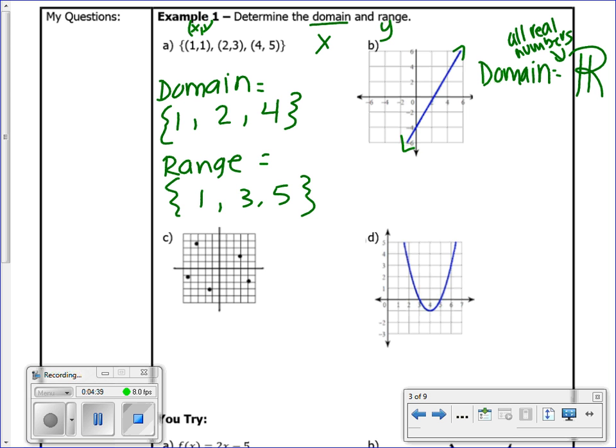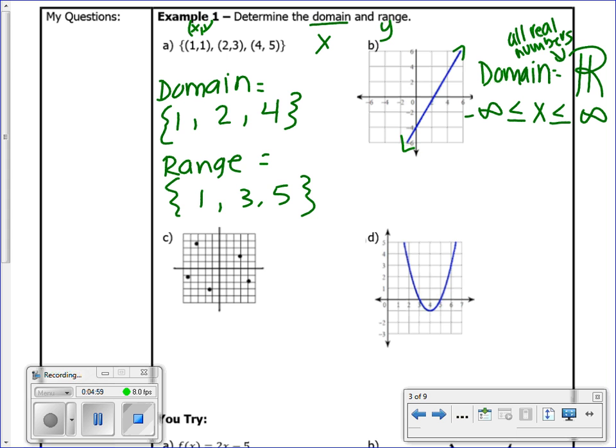Or you may see your domain written as an inequality: negative infinity less than or equal to x, because x is our domain, less than or equal to positive infinity. So either answer works, just be aware of both.